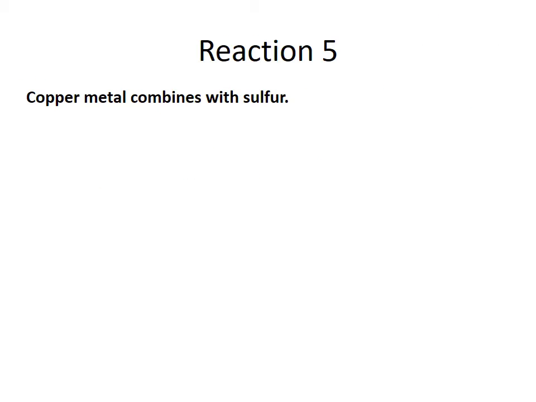In reaction number 5, we're going to take copper metal and we're going to combine it with sulfur using heat. So I've got copper, Cu, plus sulfur, S, and it's going to combine to form copper sulfide.